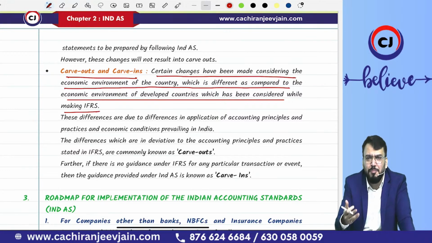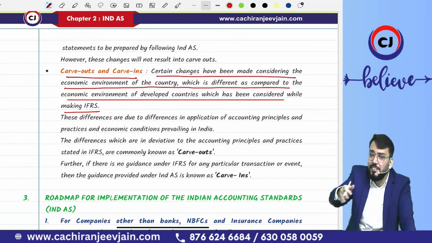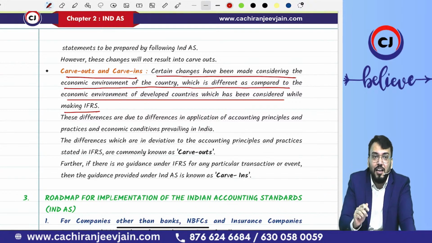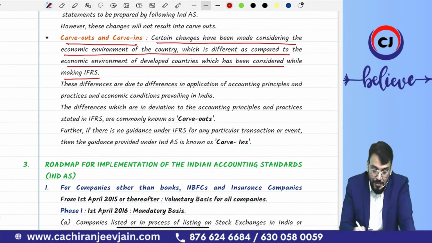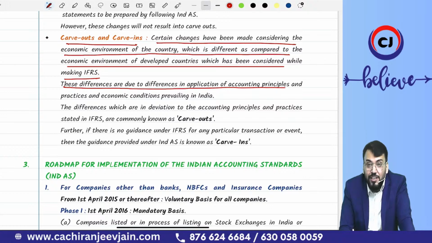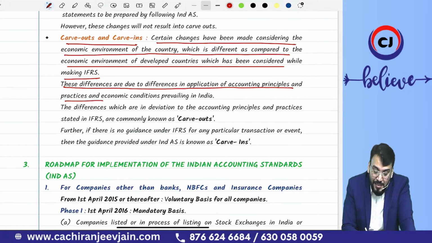So IFRS has been made considering all the countries, basically developed countries, because developed countries have drafted that. Now there are some differences that need to be made understanding the economic condition prevailing in India. These differences are due to differences in application of accounting principle and practice and economic condition prevailing in India.